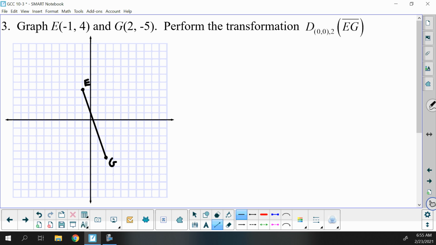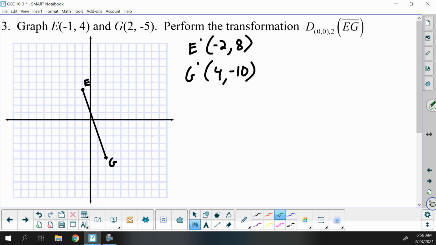So if you're dilating and you're at the center, you can just multiply the parts of your coordinate by the scale factor. So 2 times -1 is -2. 2 times 4 is 8. For G prime, 2 times 2 is 4. 2 times -5 is -10.